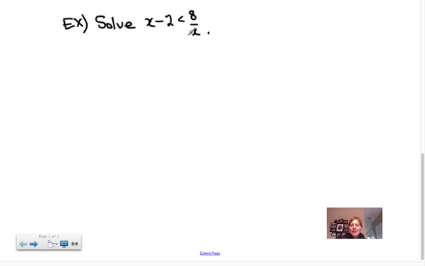Since the x is in the denominator, and I would be multiplying both sides by x, if you remember, when we multiply an inequality by a negative value, to keep the inequality working, we'd have to switch the inequality sign.